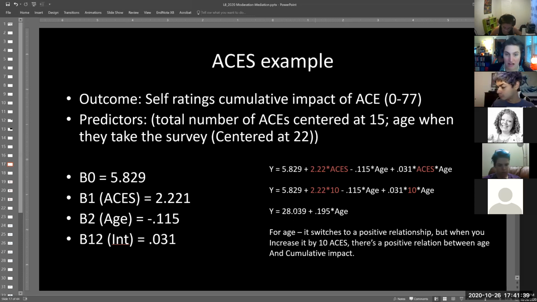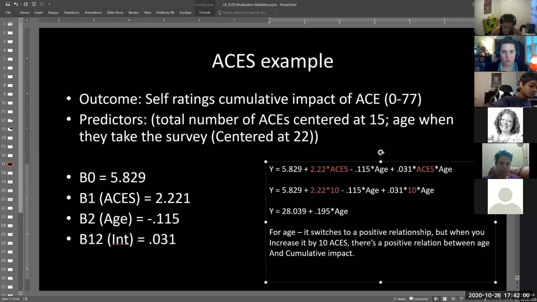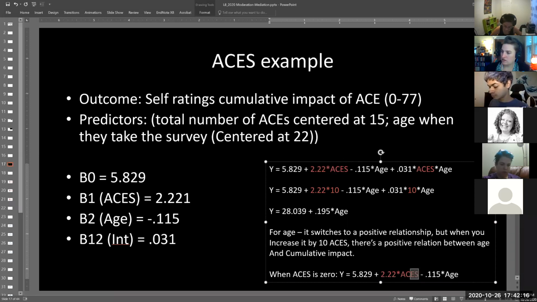And so if I'm graphing this, I can make 2 lines relating age. This would be the first line when ACEs is 10. And then I can also do a line when ACEs is 0, that we did weeks ago. When ACEs is 0, that line comes out because it's just 0.